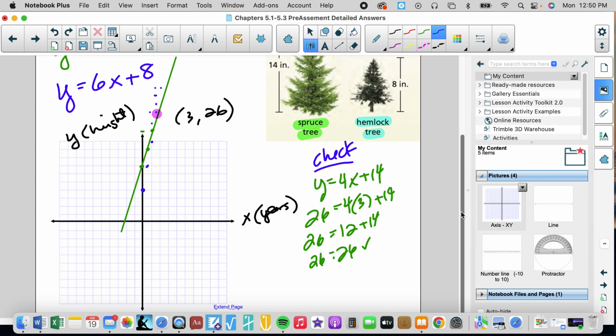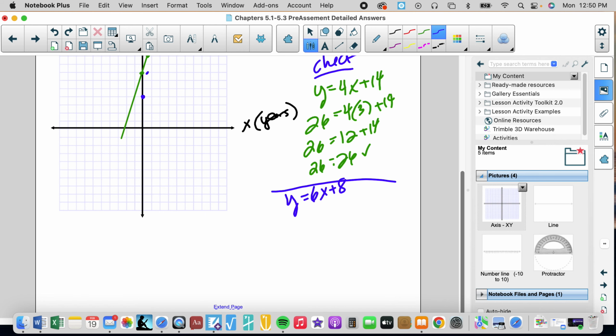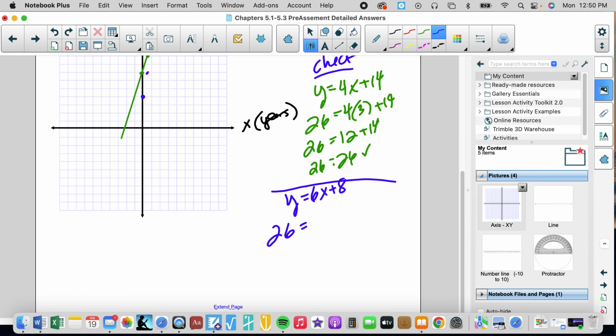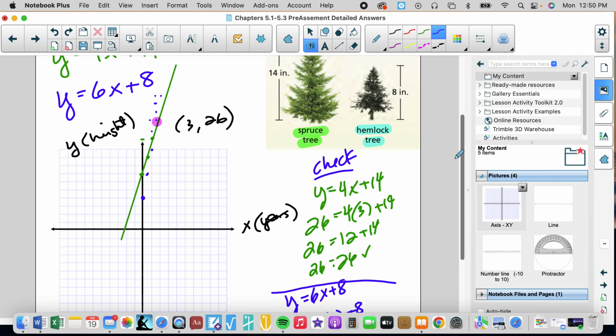And the hemlock formula is going to be y equals 6x plus 8. So let's check. Does 26 equal 6 times 3 plus 8? 26 equal 18 plus 8? 26 equal 26. Yeah.